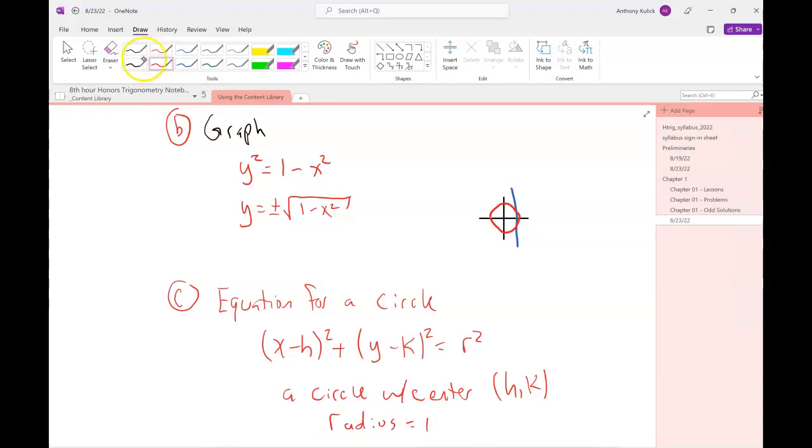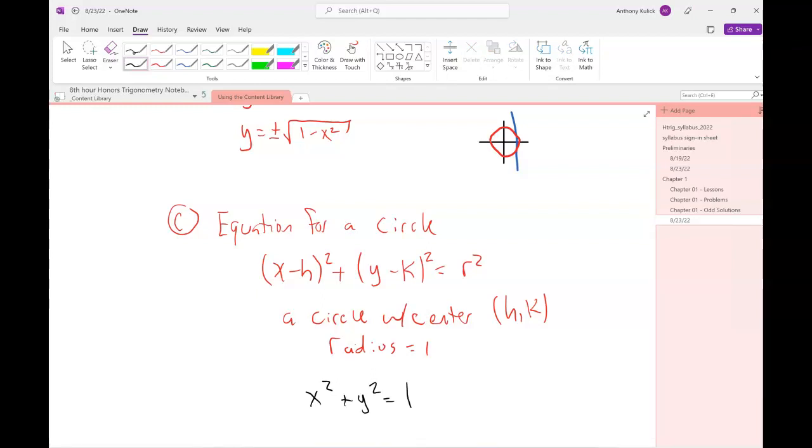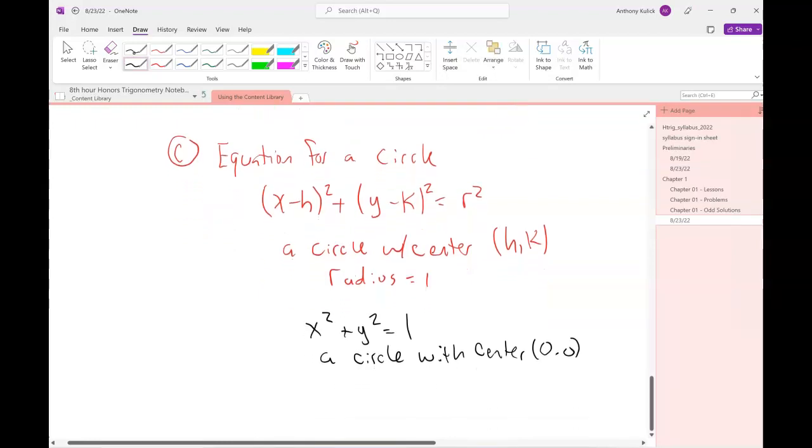So I could say that x squared plus y squared equals 1 is a circle with center (0, 0) and radius 1. Oh, I meant to write an r there, not a 1.